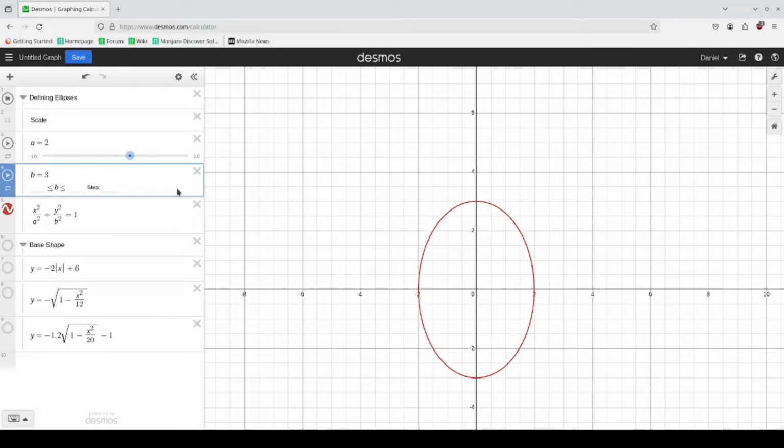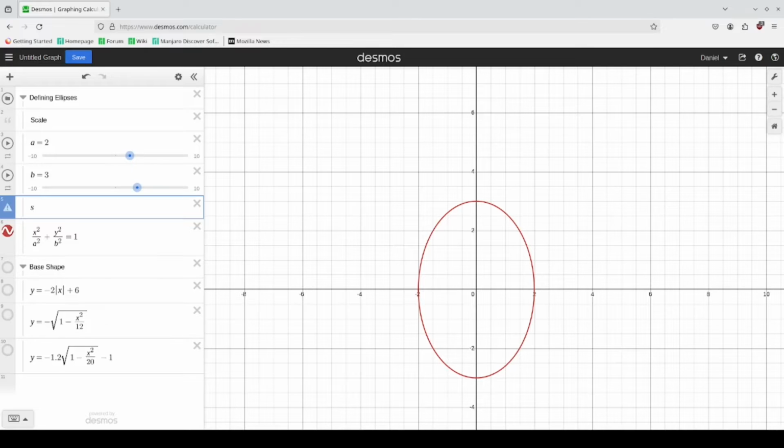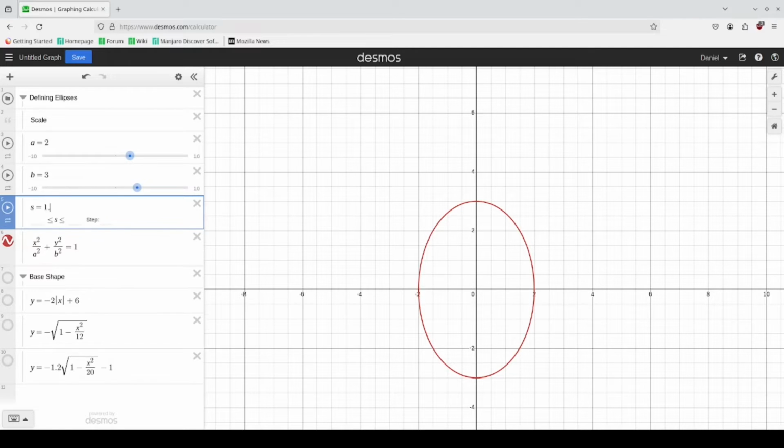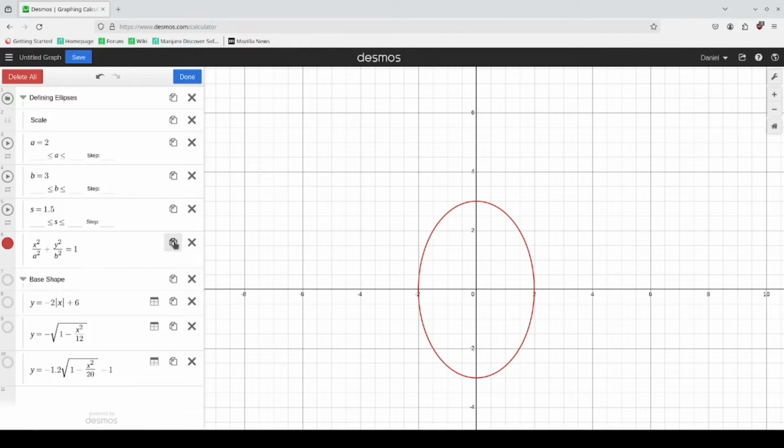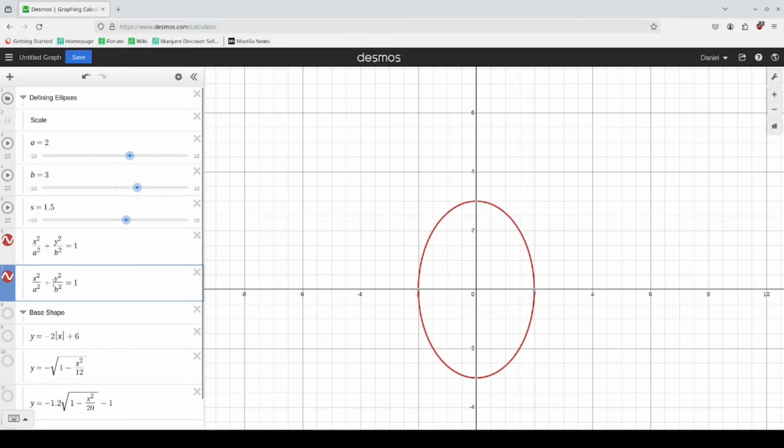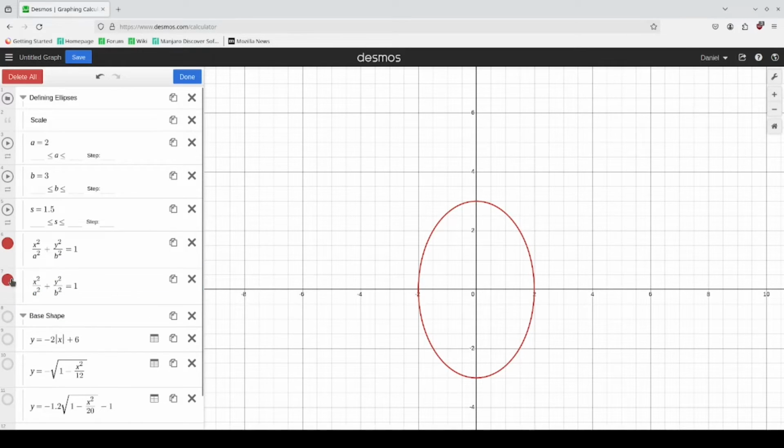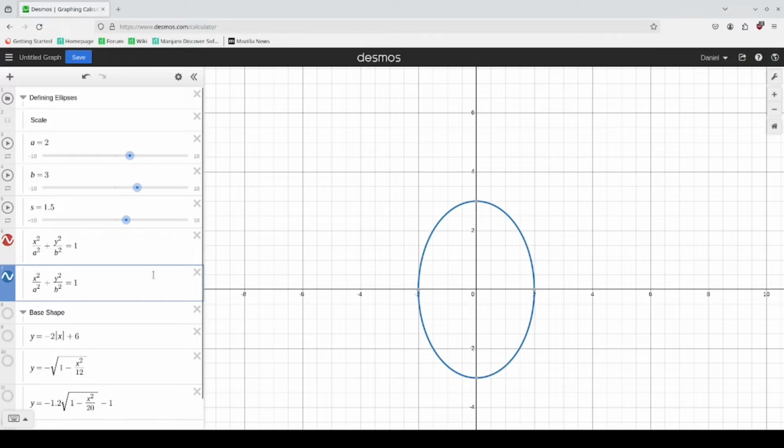And I would like for this to be the overall scale. And so let's make it 1.5 so you can see something happen to the outer ellipse. So if this is what this is going to be, all right, let's make this blue.